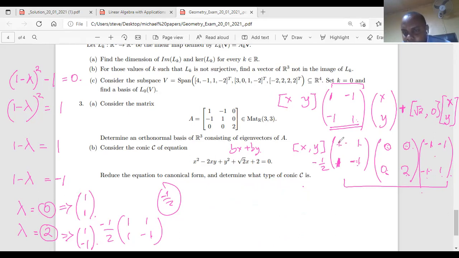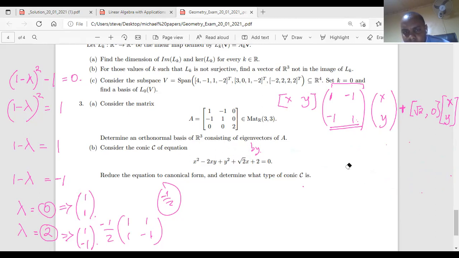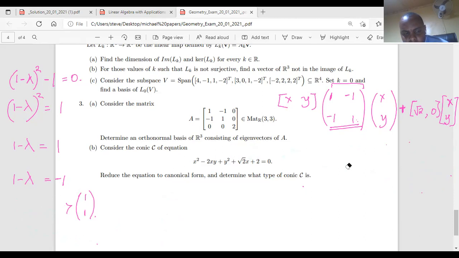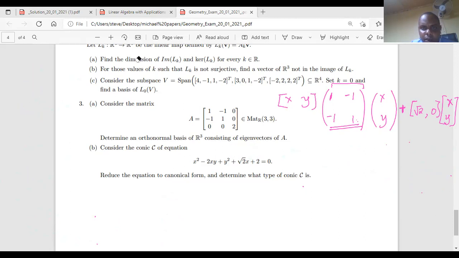Can you confirm? Wait, I'm a bit confused. Could we just restart all from the eigenvectors? Okay. And so this is our matrix A, and this is what we are trying to diagonalize, right?